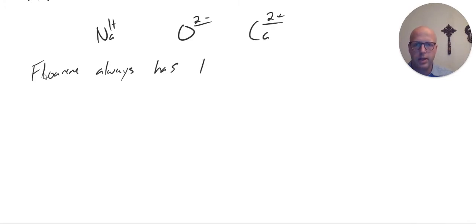Sorry, I should write that the other way. I should say -1. That's the difference: if the sign is in front, it's an oxidation state. If it's behind like this, it actually means it's a charge. Okay, fluorine always has a -1 oxidation state.